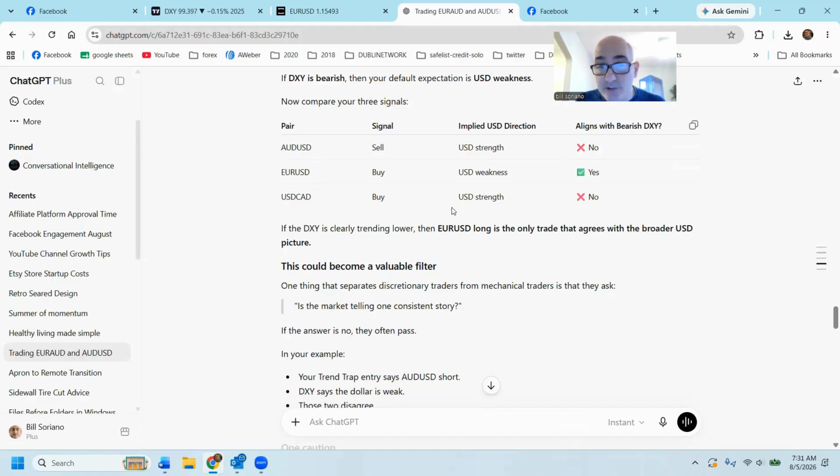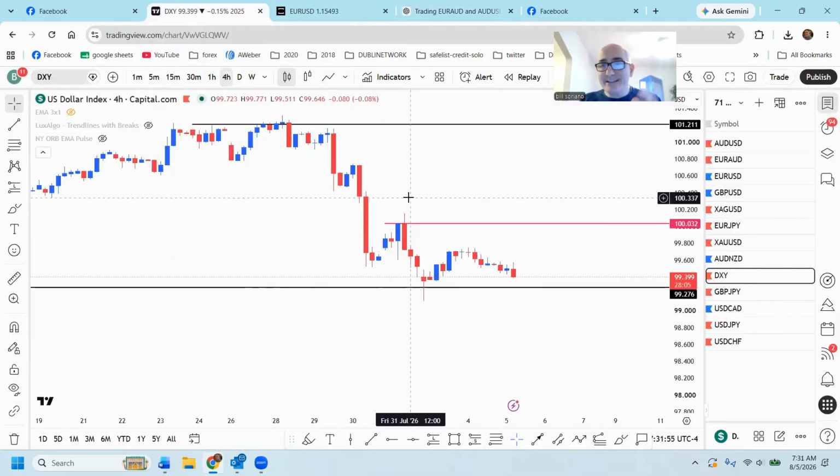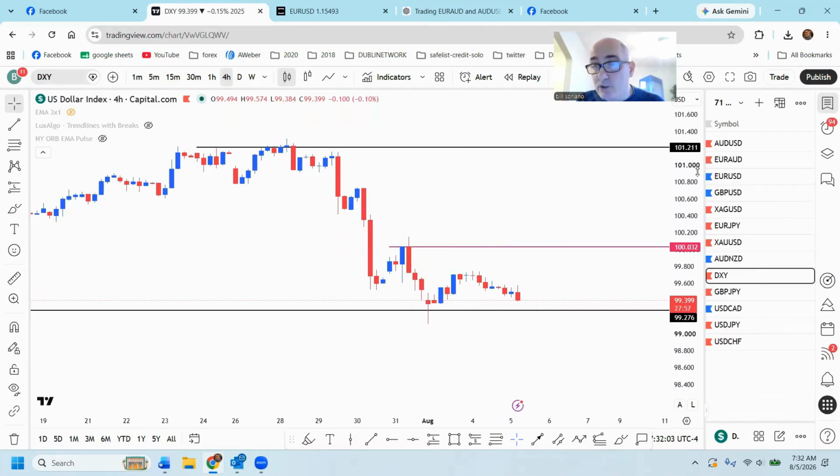USD CAD is showing USD strength, and that does not align with the DXY. So when I'm getting different signals, I have to use the DXY to filter that out. I would only want to take the EUR USD trade right now, because the other two trades are not aligned with my outlook for the DXY.